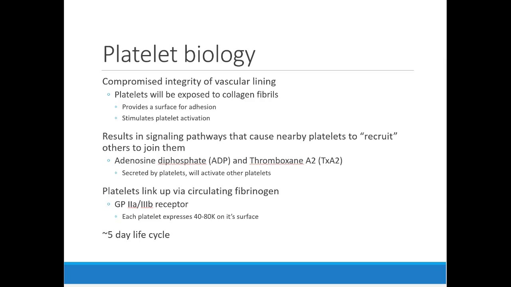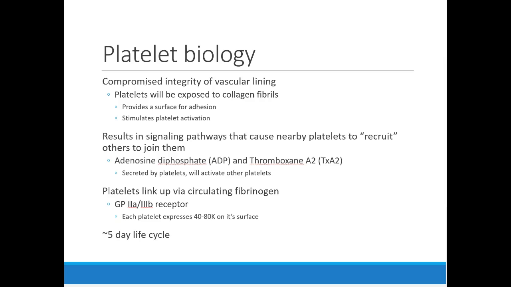So it's called platelet aggregation, and they adhere to each other and cause a clot that way. These signaling pathways also recruit red blood cells, which have clotting factors and so on and so forth, causing a more stable clot to form, hopefully so the body can heal itself faster.